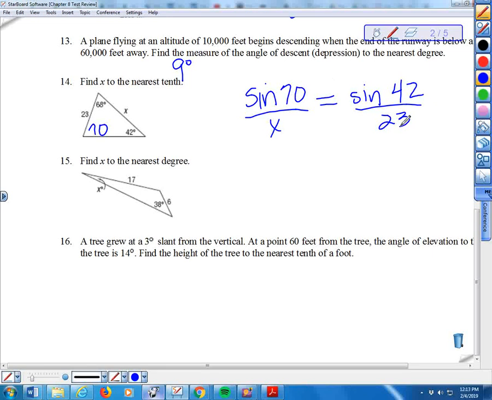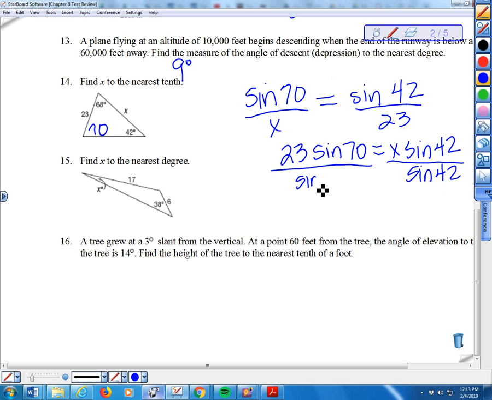Okay, when I cross multiply, I can just put the whole thing in. 23 sine 70 enter divided by sine 42. 32.3.